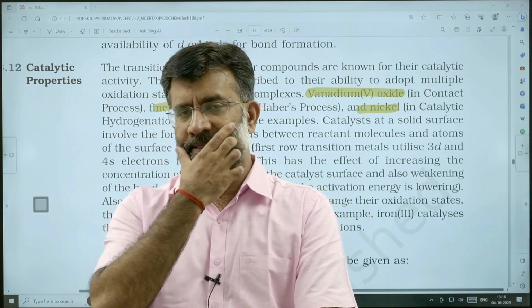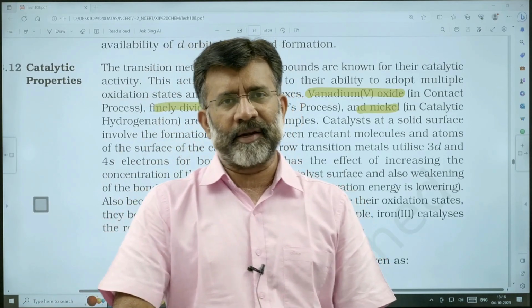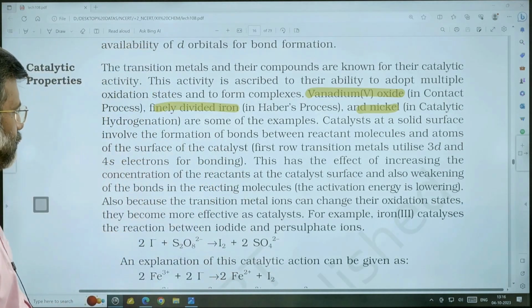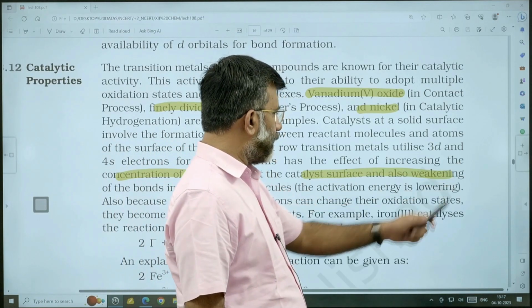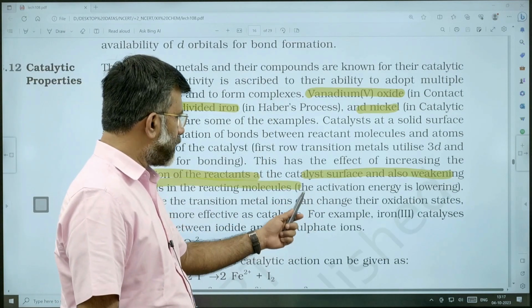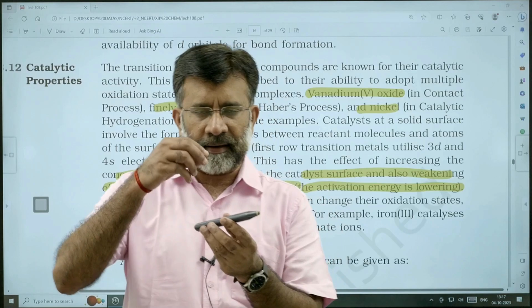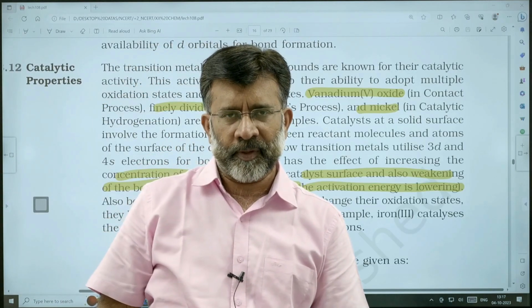Adsorption theory explains the mechanism of catalytic activity in heterogeneous catalysis reactions, and that is what is highlighted. So there is an increase in concentration of reactant on the catalytic surface and also weakening of the bonds in the reacting molecules. Activation energy is lower. When you take hydrogen on nickel, hydrogen comes and adheres to the surface of the nickel. So what will happen?